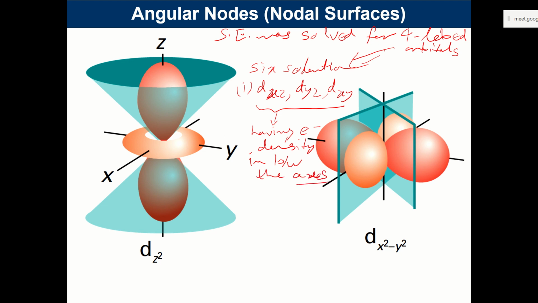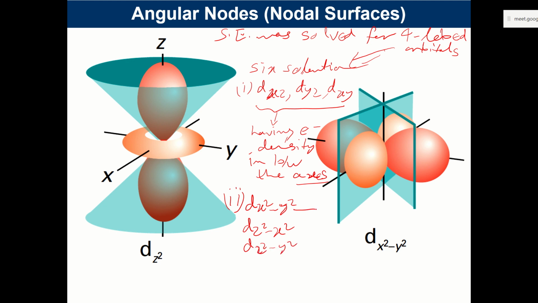Okay, there's another set of 3 orbitals which was visualized. Second set was like this: dz square minus x square, dz square minus y square.